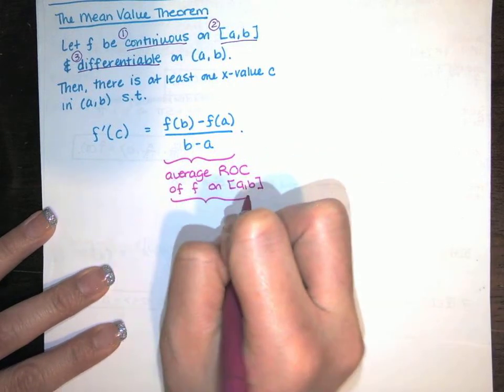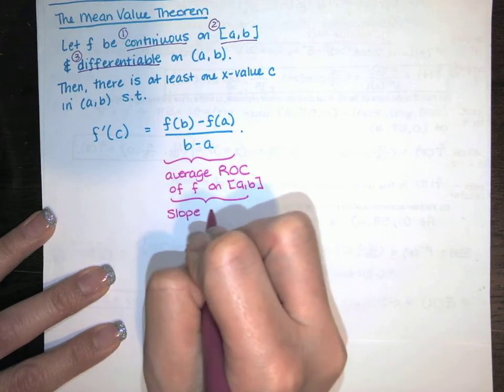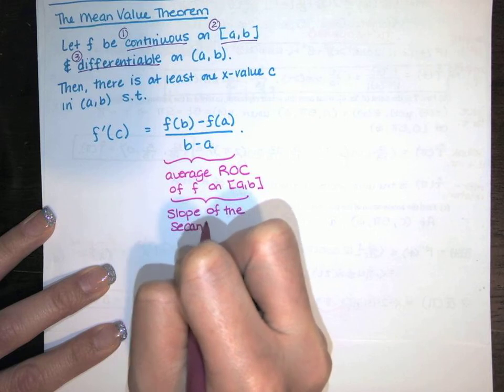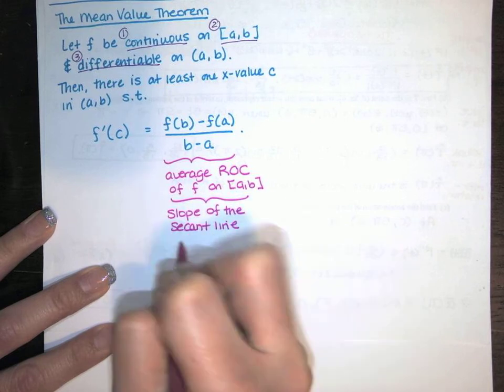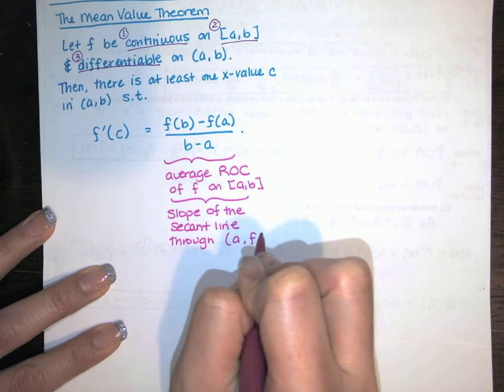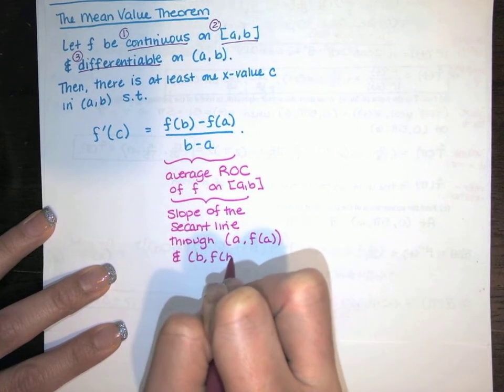We also call this, geometrically, the slope of the secant line through 2 points, (a, f of a) and (b, f of b).